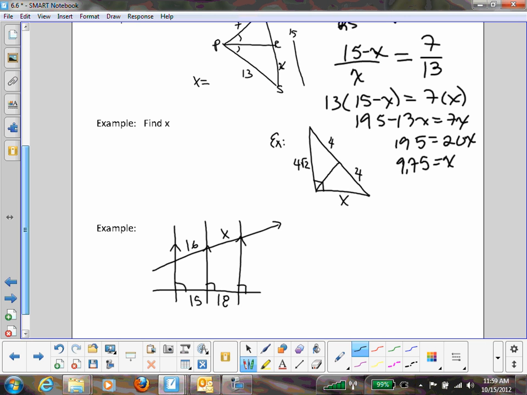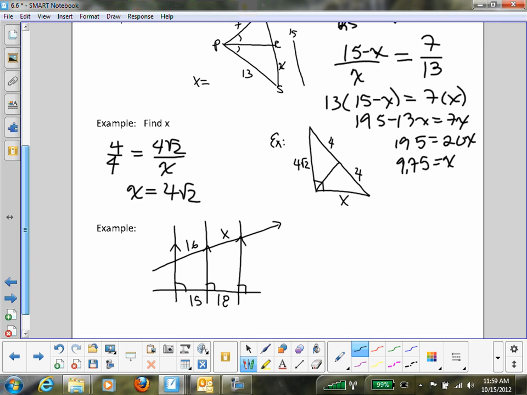So I can do this one of two ways, can't I? What's one way that I could do? Pythagorean theorem. Or I can solve using the theorem. So I would say that 4 over 4 is equal to 4 root 2 over x. What does that really have x to be without even doing much effort? 4 root 2, right?